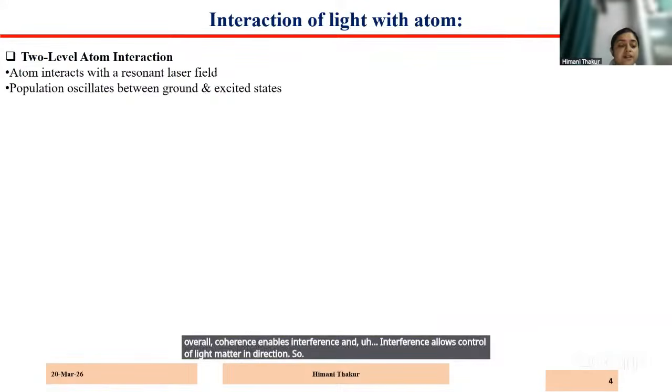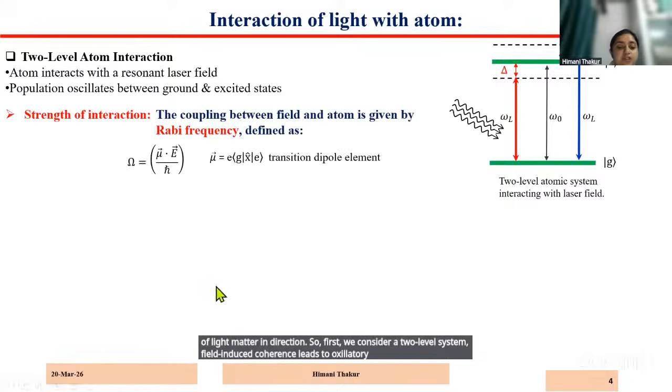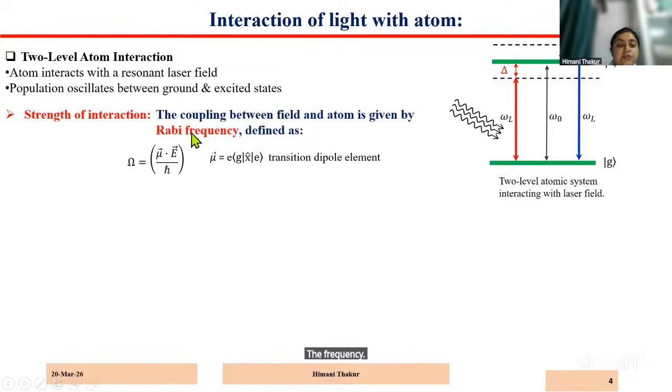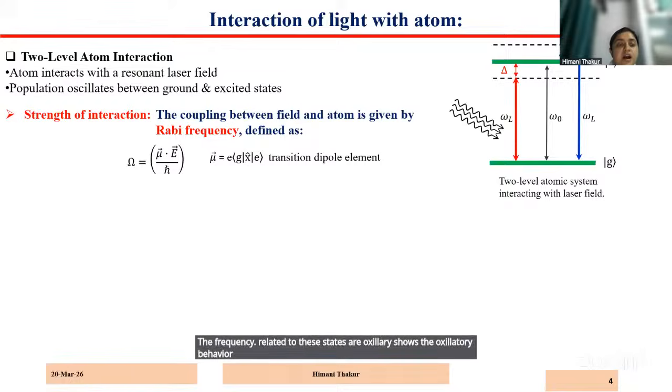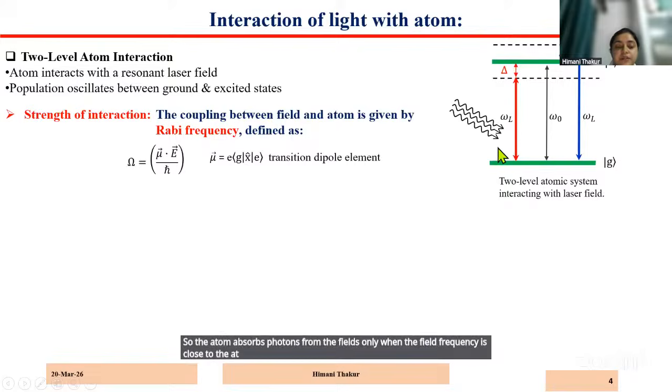First, we consider a two-level system. Field-induced coherence leads to oscillatory population transfer between the ground and the excited state. The frequency related to these oscillations is known as the Rabi frequency. The atom absorbs a photon from the field only when the field frequency is close to the atomic resonant frequency.